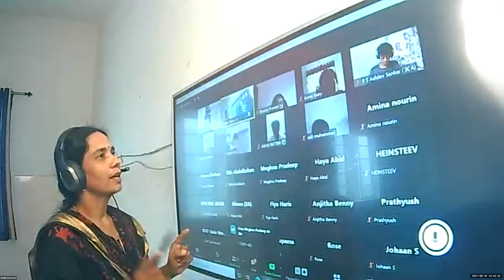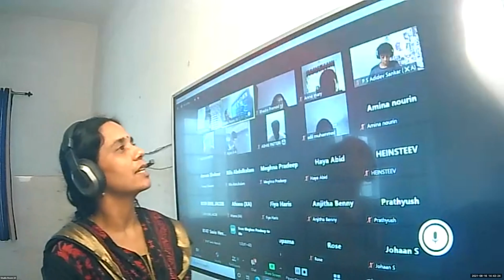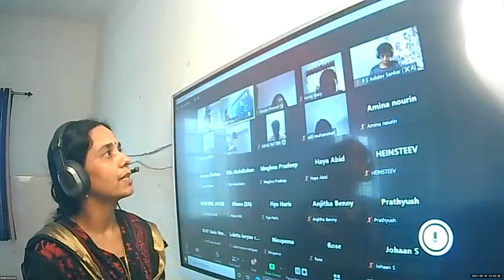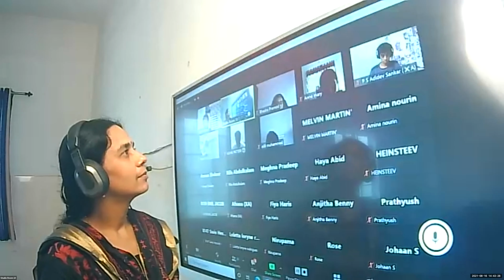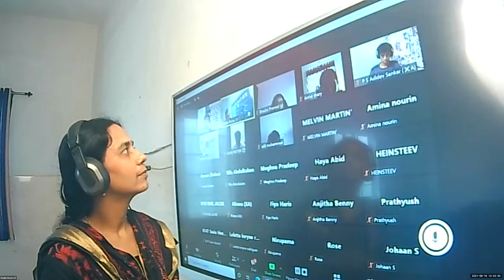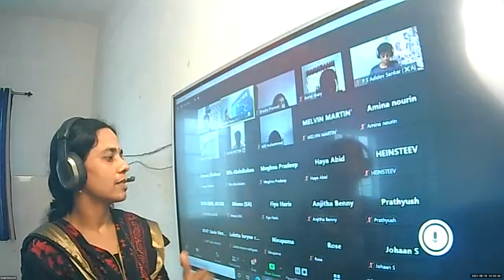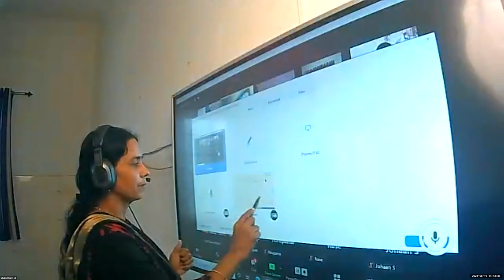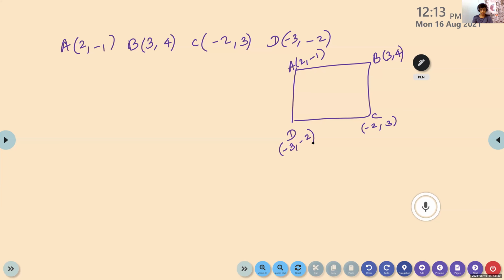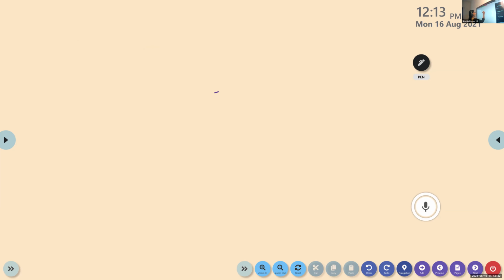Note it down. Likewise, what is area of a trapezium? We know trapezium means one pair of opposite sides are parallel. Suppose it is a trapezium. AB and CD are the parallel sides. So what is the formula for area of trapezium?